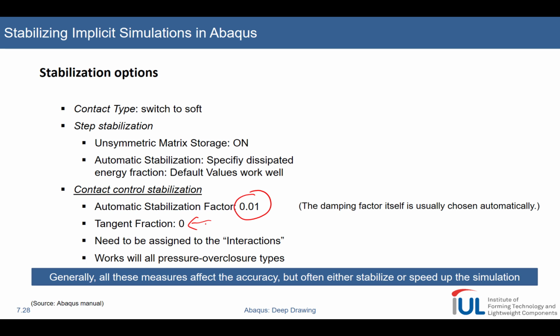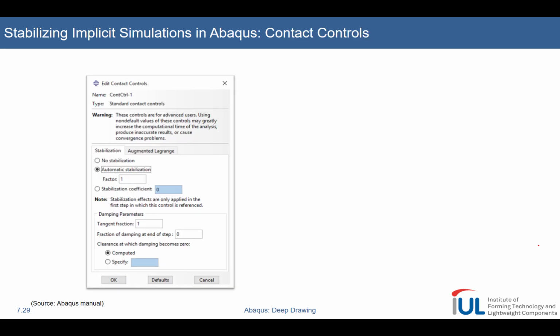But in many cases, they can stabilize the calculations in the sense that you will see convergence, and in some cases it's a little bit similar to your explicit approach: if you stabilize the simulation, Abaqus can use larger time steps, and though the individual time steps are more costly, the overall simulation itself will be computationally cheaper because you can choose larger time steps. This is very similar to the effect that the ALE approach has on your explicit simulations.